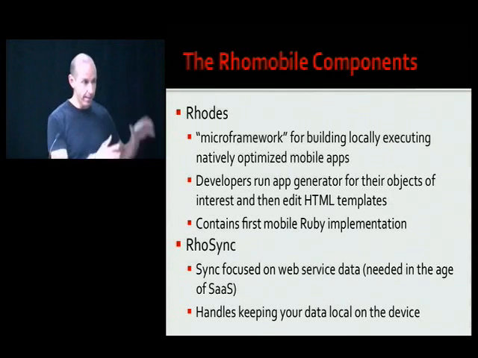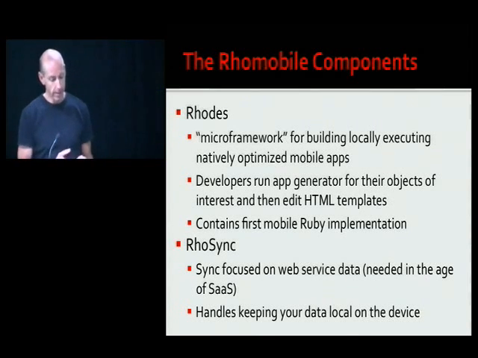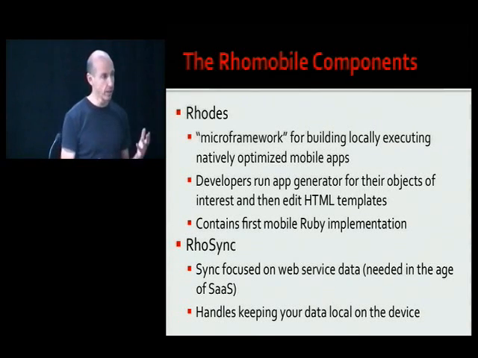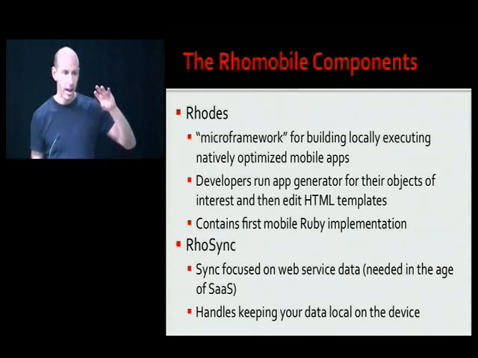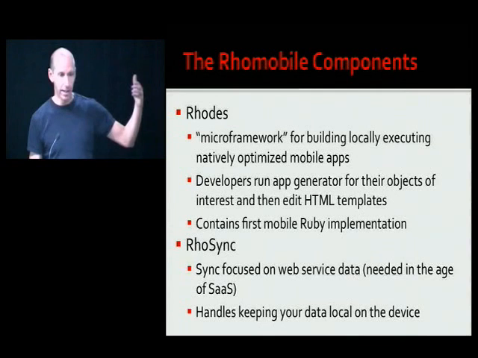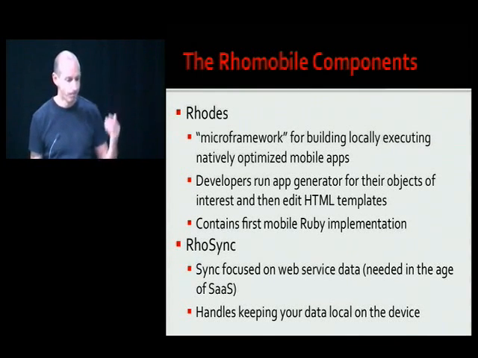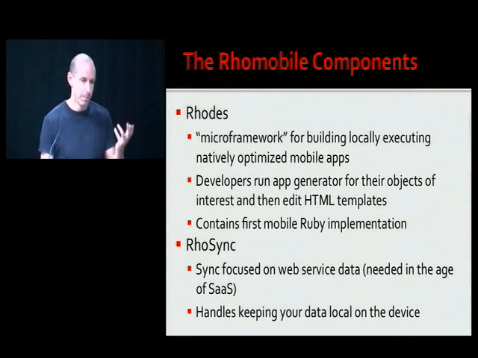And then the other piece we have is RhoSync, which is a sync server that's focused on web service data. It's focused on apps that expose some kind of REST or SOAP web service that you would connect to. And nowadays, that's basically any app. But it's unlike a lot of other previous sync servers like IntelliSync, et cetera.